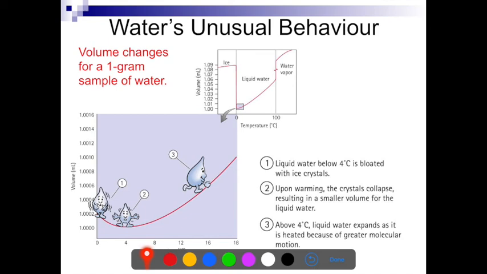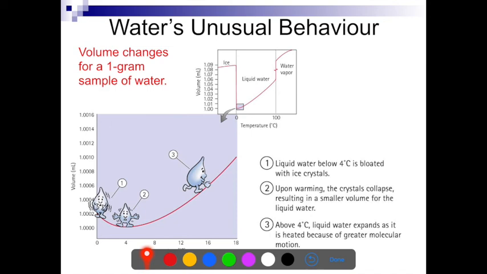As water is cooled further below 4 degrees Celsius, we can see that the volume of water starts to increase, and as water undergoes phase change and becomes frozen, we see this dramatic increase in volume of water. The increase in volume is significant enough that it caused the bottle to break.